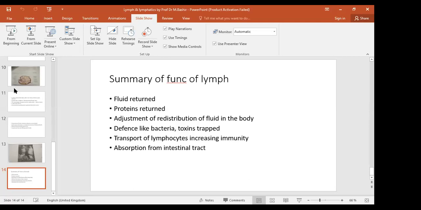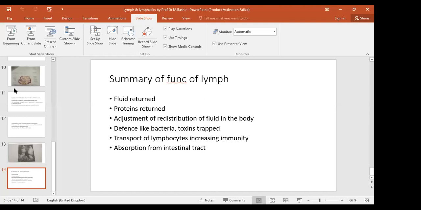They also help in defense via entrapment of bacteria and toxins in the lymph nodes, the defense points in the way of the lymph vessels.